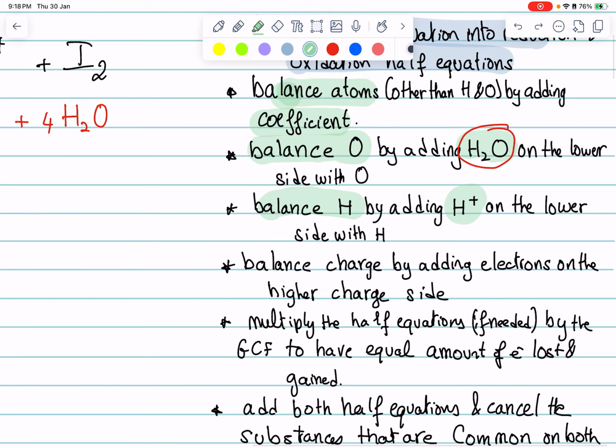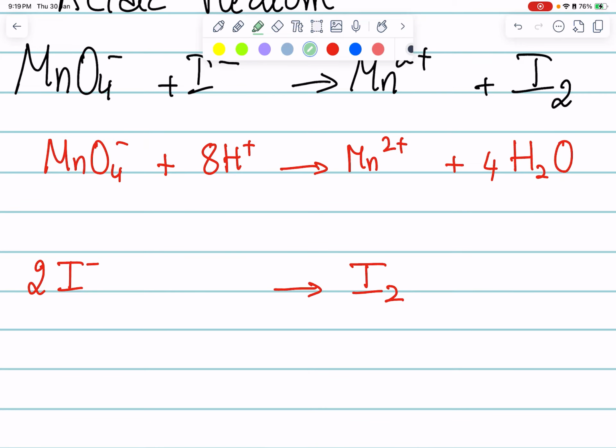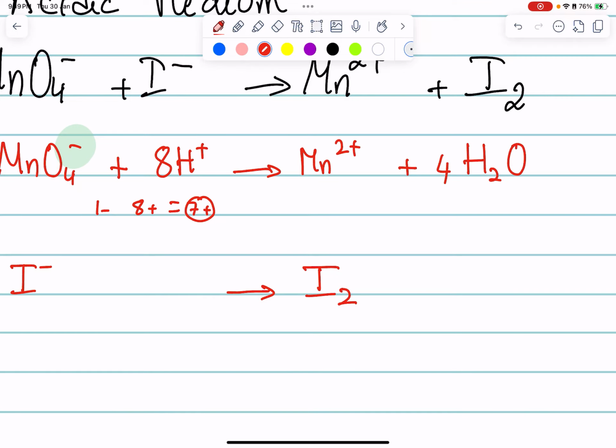The next step now is to count the charge and balance the charge by adding electrons. Keep that in mind. You add electrons on the side that has the higher charge. Let's now count the charges. Over here I have 1 minus and 8 pluses, that would be equal to 7 plus as a charge. Whereas on the other side, I only have 2 plus. So you add electrons to the higher side of charge.